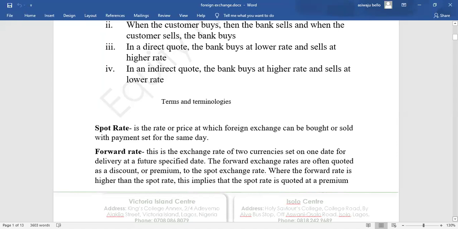The forward exchange rate is the exchange rate agreed now for a transaction that will happen at a future specified period.